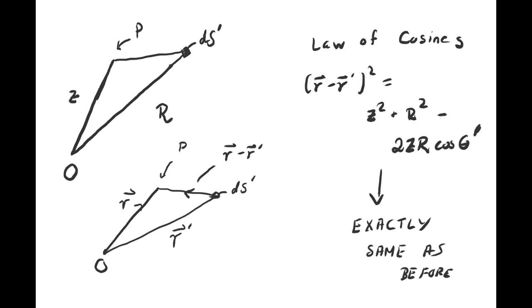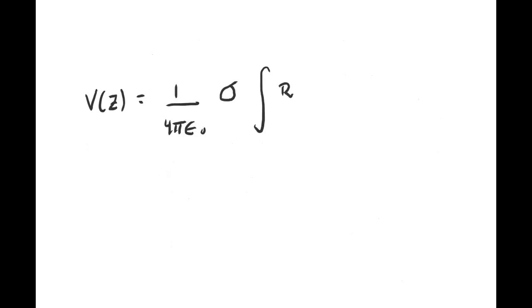So I'll just write down what we've discovered, the electrostatic potential for this problem, which we've done by using this general definition for the electrostatic potential. The constant surface charge density comes out of the integral, and I essentially have to do a two-dimensional integral.